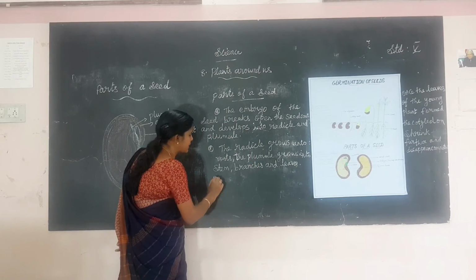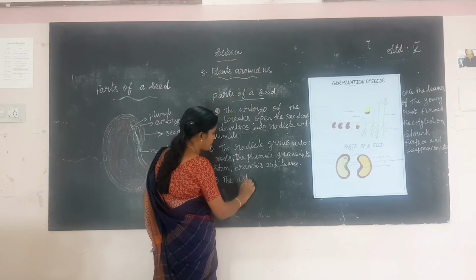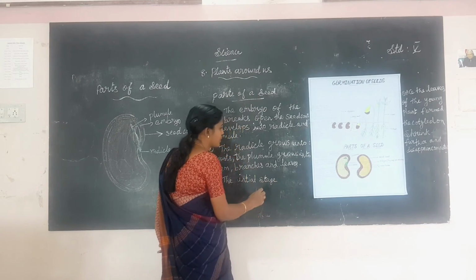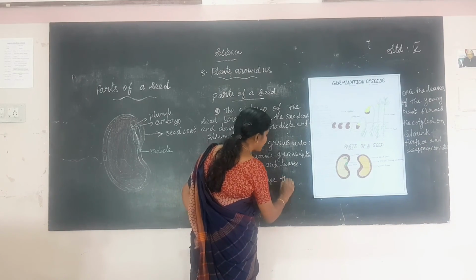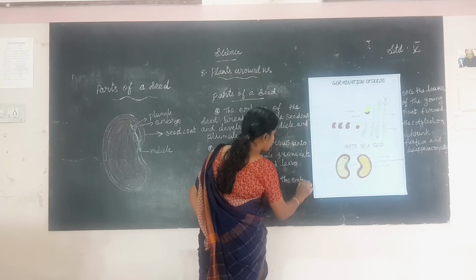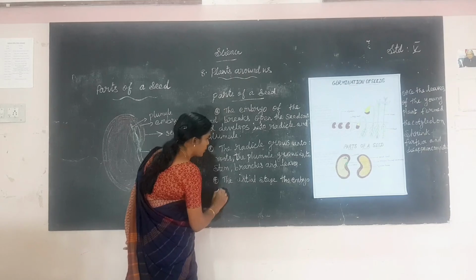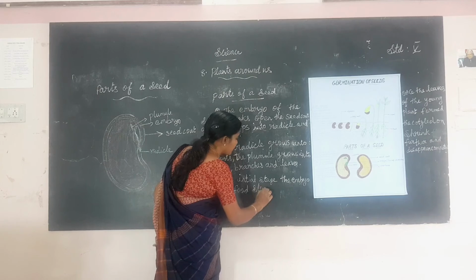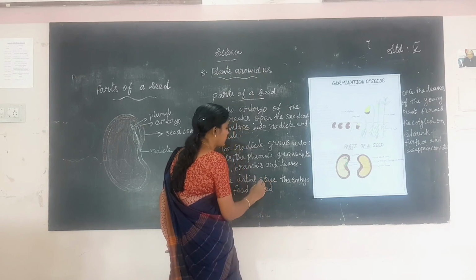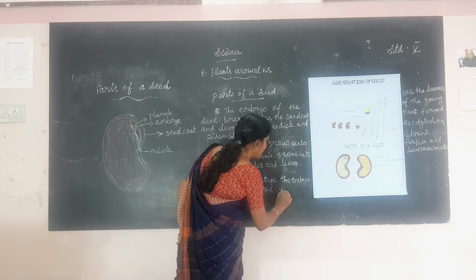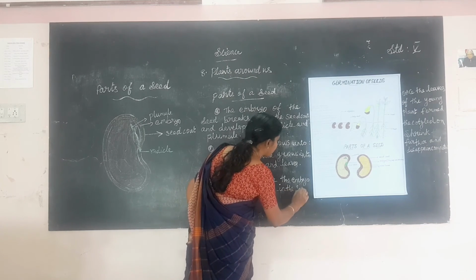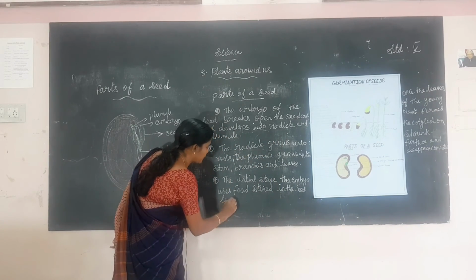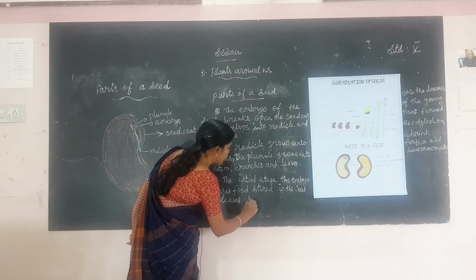In the initial stage the embryo uses food stored in the seed leaves. Seed leaves.